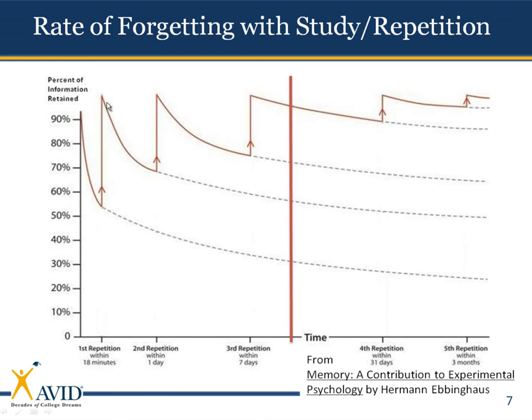But if we had gone back and gotten a first repetition of that information, then our retention is significantly higher, although it's still below 60%. But with the second repetition, now I'm up above 70%, I would expect to pass that test. And if I had even gotten a third repetition, my retention level is above 90%, I would probably have enough knowledge to make an A on that test.